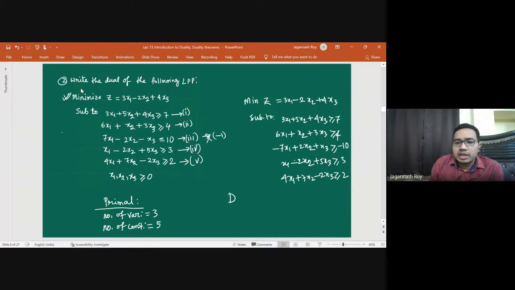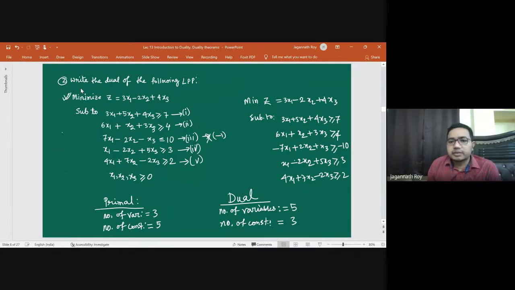So the dual will have 5 variables, and the number of constraints will be 3. So we have to decide what we can do. Let us write it of this form.